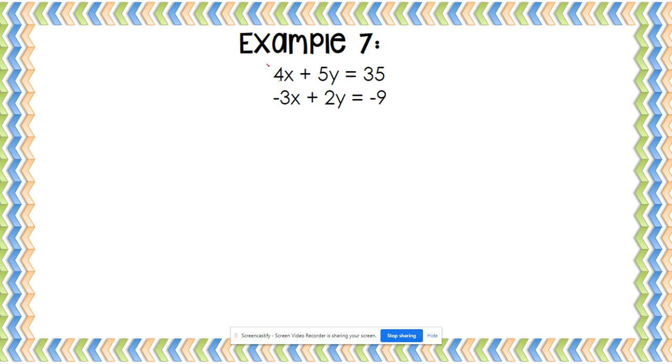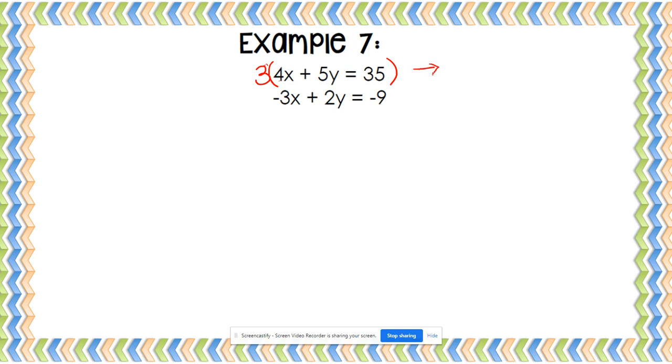So what I'm going to do is I'm going to take my first equation, and I'm going to think, what multiples do 4 and 3 have in common? So 4 times 1 is 4, but 3 is not a factor of 4. 4 times 2 is 8, but 3 is not a factor of 8. 4 times 3 is 12, and actually 3 is also a factor of 12. So I'm going to multiply my first equation by 3.